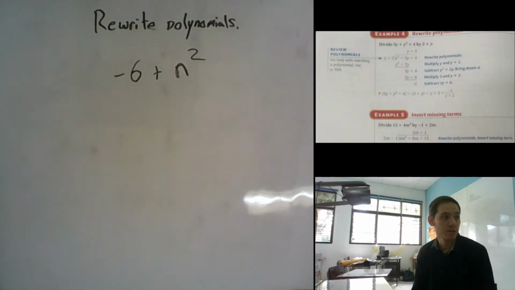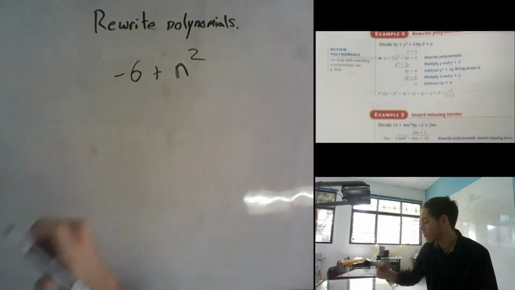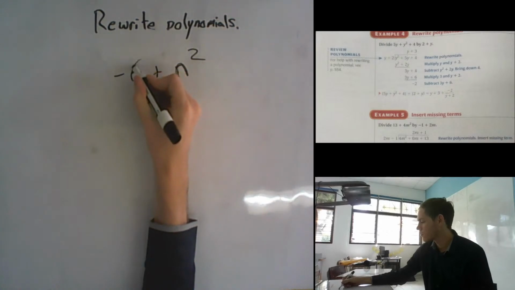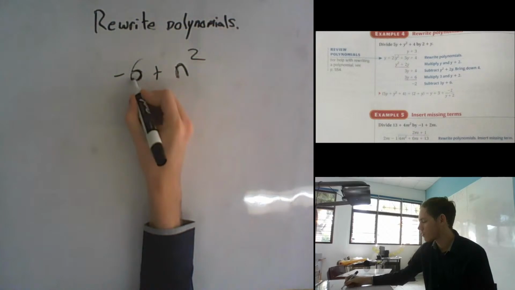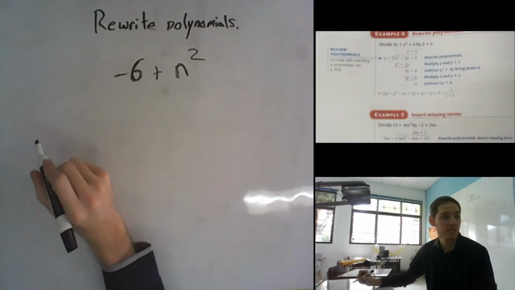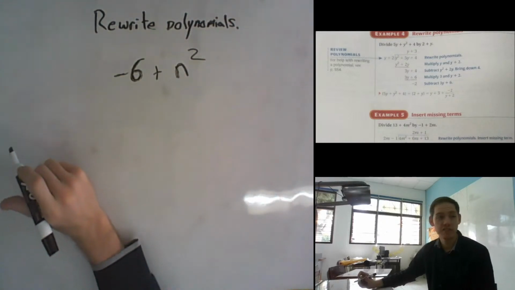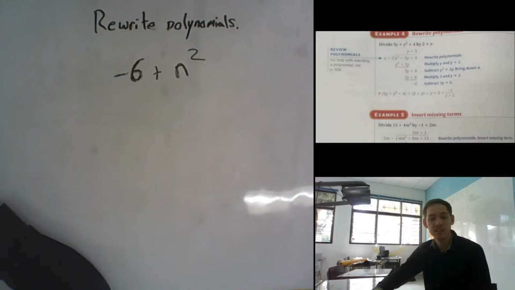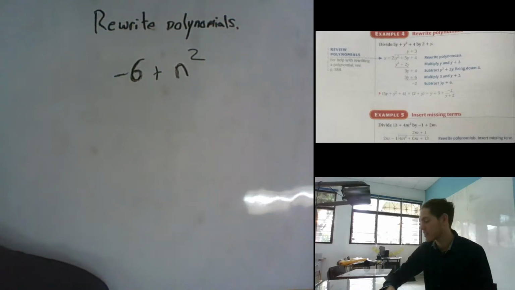Rewrite this polynomial. Okay. How do we rewrite this polynomial? You can write it in chat. Use the Shift 6 key to show exponents. Shift 6. What is this polynomial?